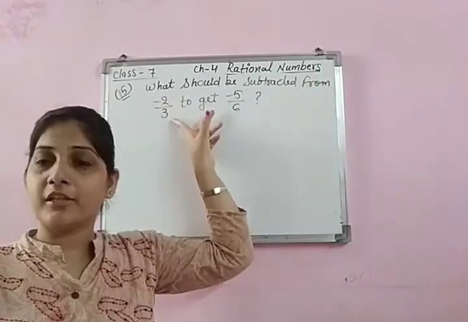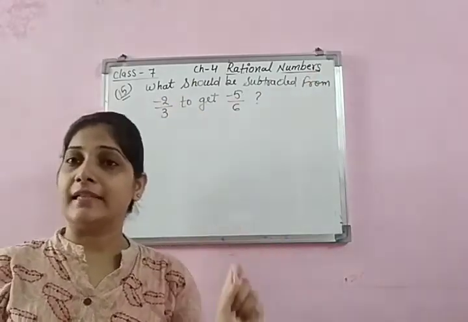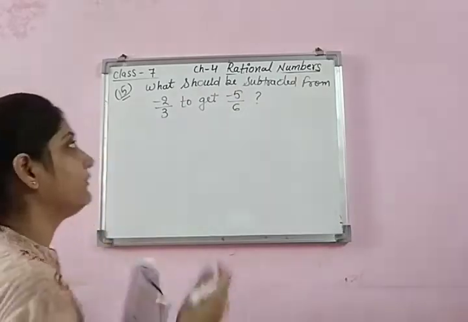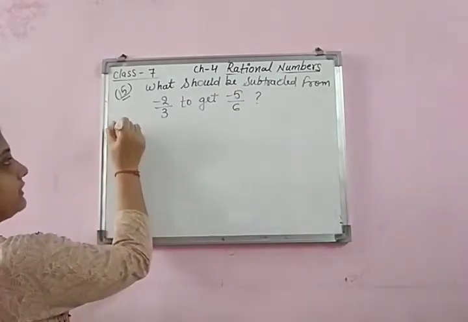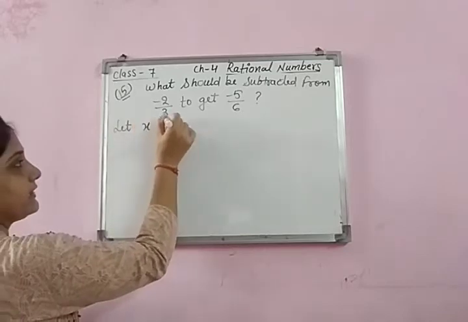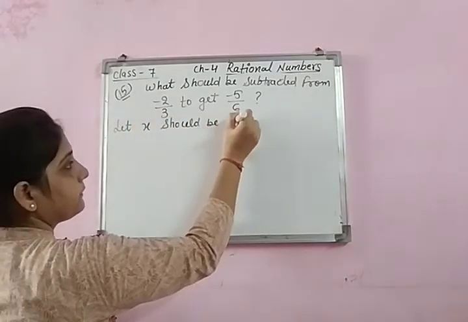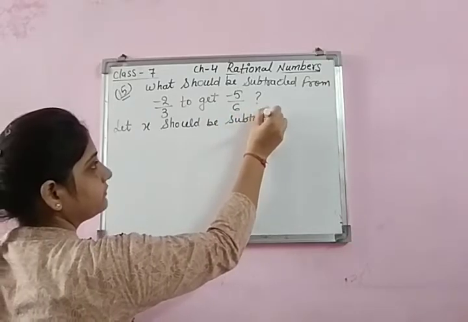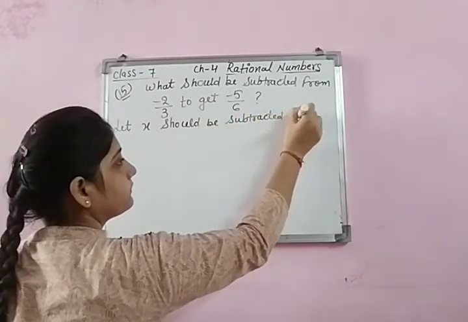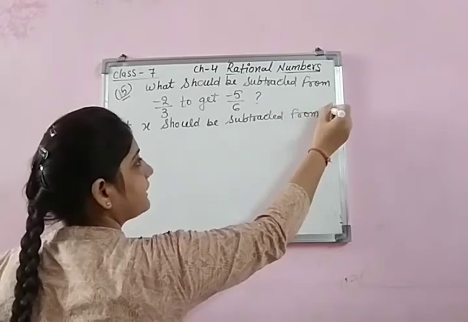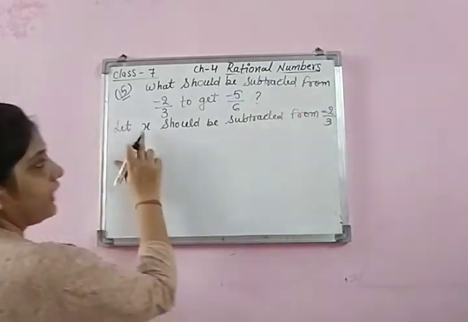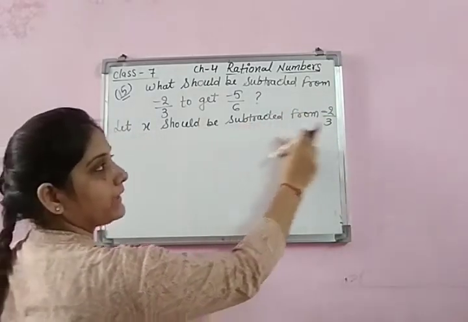So, from के बाद जो number है that will come first. So, let x should be subtracted from -2/3. So I think x को आपको subtract करना है इसमें से.